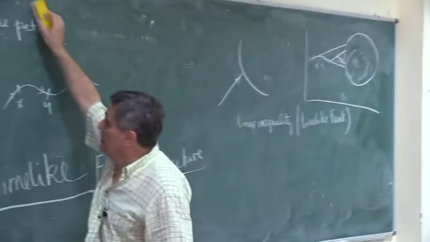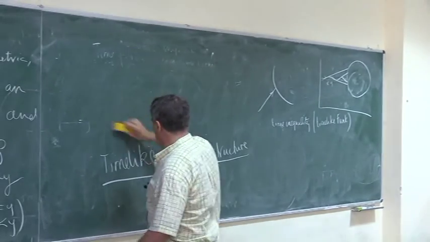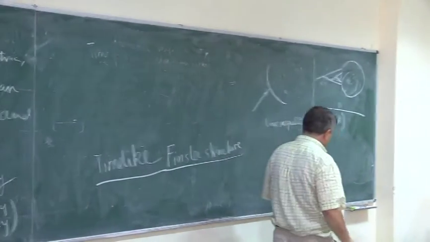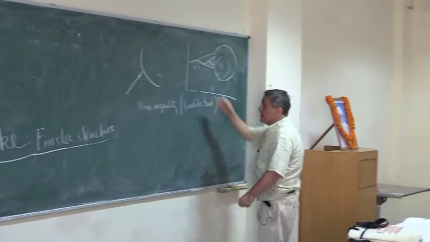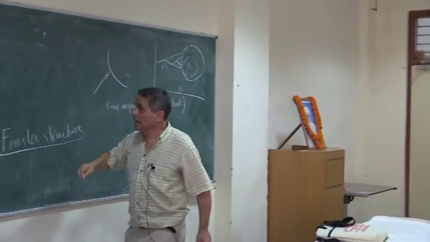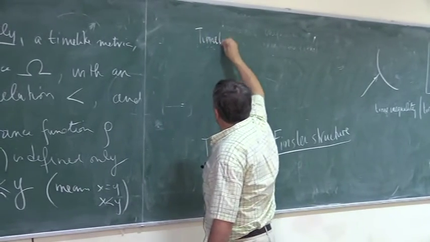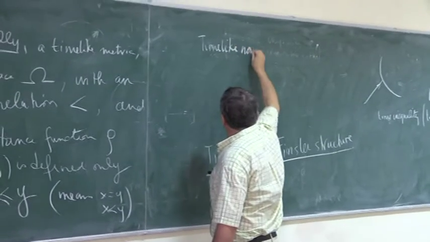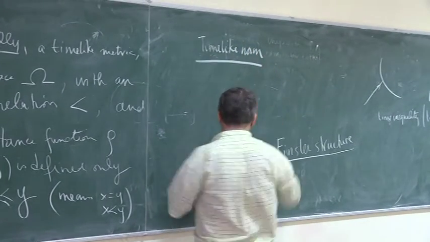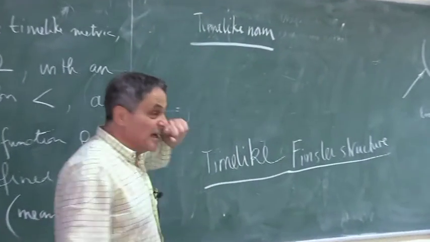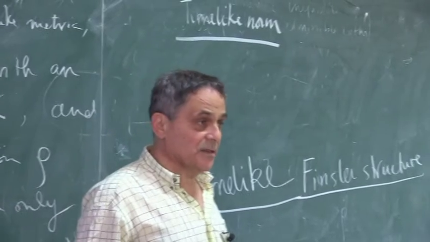Except that I want to use now... I mean, just from looking at this example, you can get the idea. You have a time-like norm. So the time-like Finsler structure will be defined by a time-like norm in each tangent space.